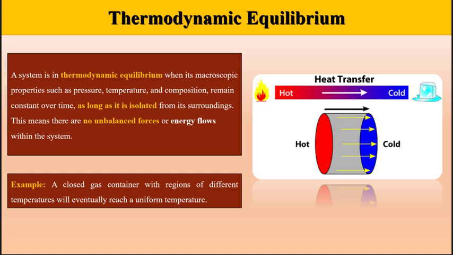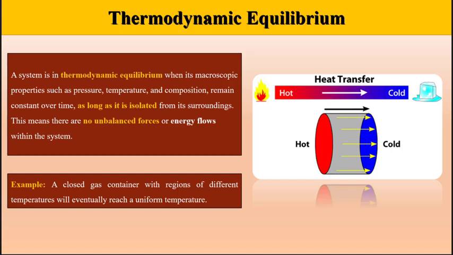A system is in thermodynamic equilibrium when its macroscopic properties such as pressure, temperature, and composition remain constant over time as long as it is isolated from its surroundings. This means there are no unbalanced forces or energy flows within the system.